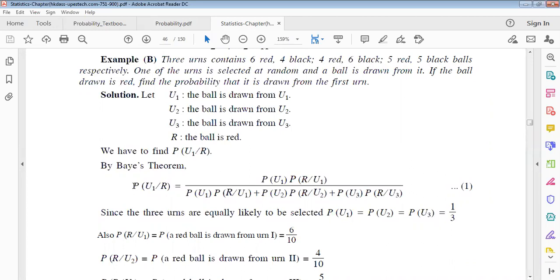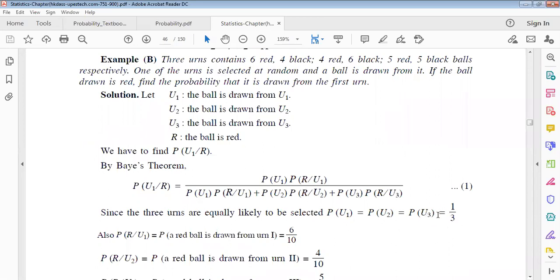Now by Bayes theorem, the probability of u1 given r, that is, if it is a red ball, then it comes from the first urn, equals probability of u1 times probability of r given u1, divided by the sum over all urns, since there are 3 urns, of the conditional probabilities. Since the 3 urns are equally likely to be selected, probability of E1, E2, and E3 equal 1 by 3.